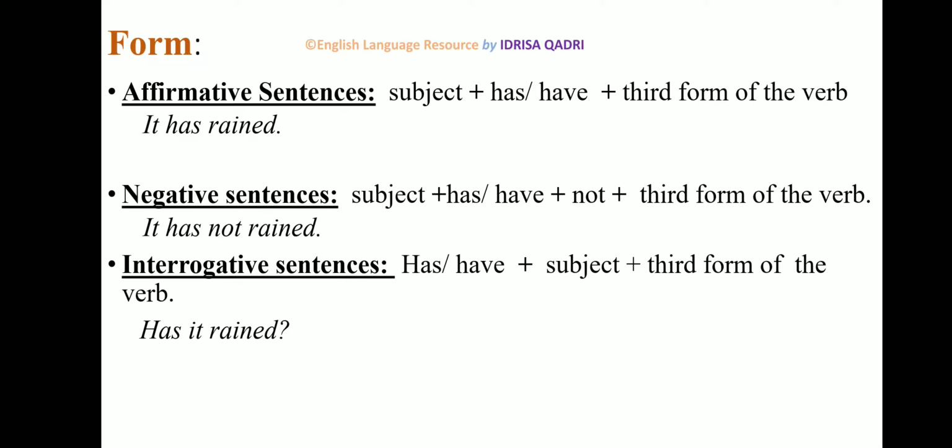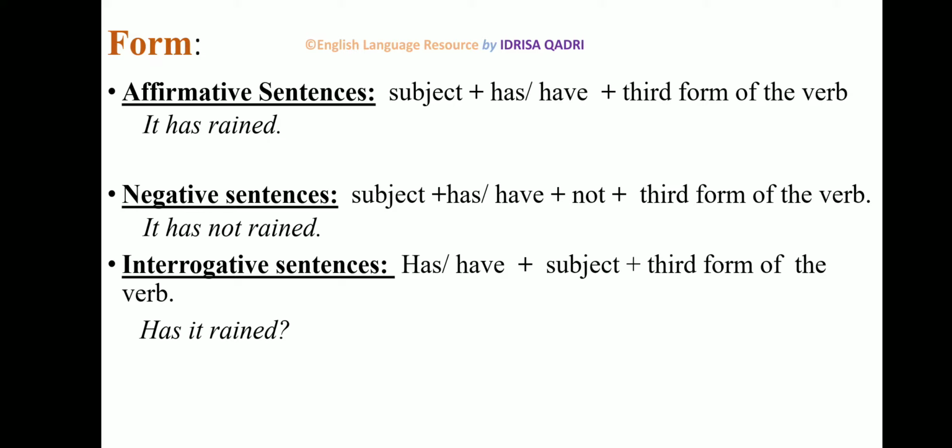In order to know the form, again we have an affirmative sentence with a structure like subject plus has or have plus third form of verb. For example, it has rained. In negative sentences, it is subject plus has or have plus not plus third form of verb. For example, it has not rained.